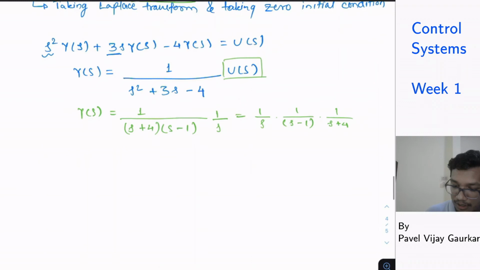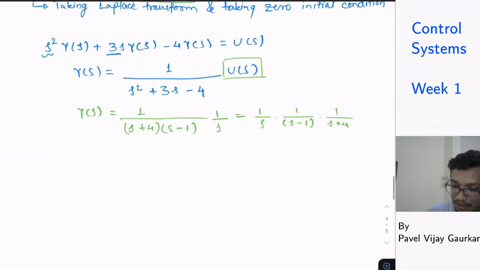So in the numerator, we can have a into s plus a into 4, plus s into b divided by s plus 4, into s plus c divided by s minus 1. So let's cross multiply this again.